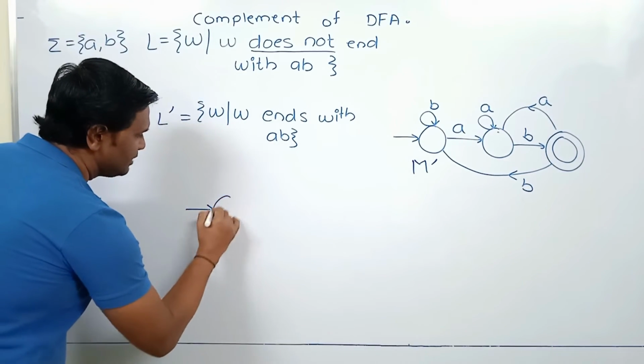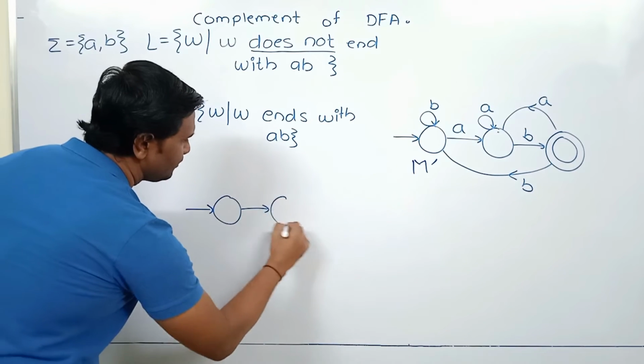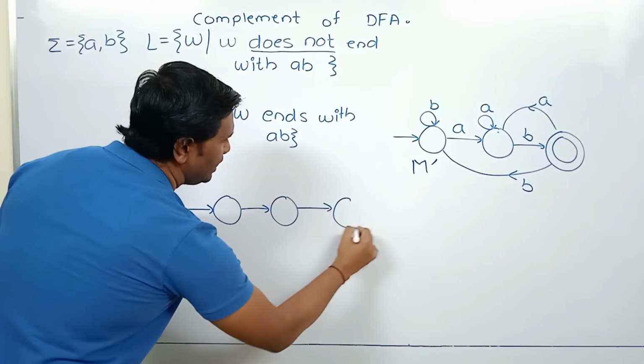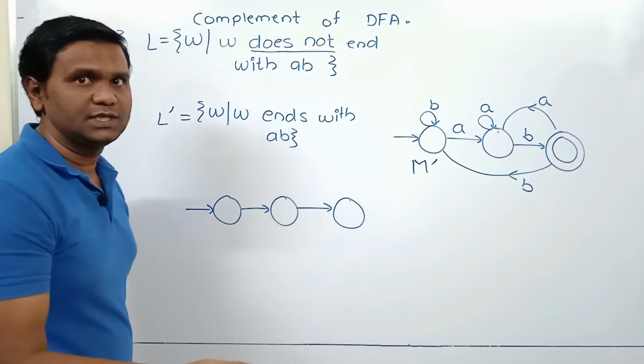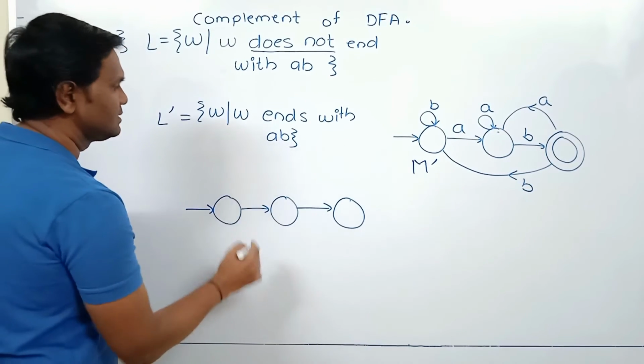So we take the same states, and now we do not apply any extra logic. We simply copy the transitions.